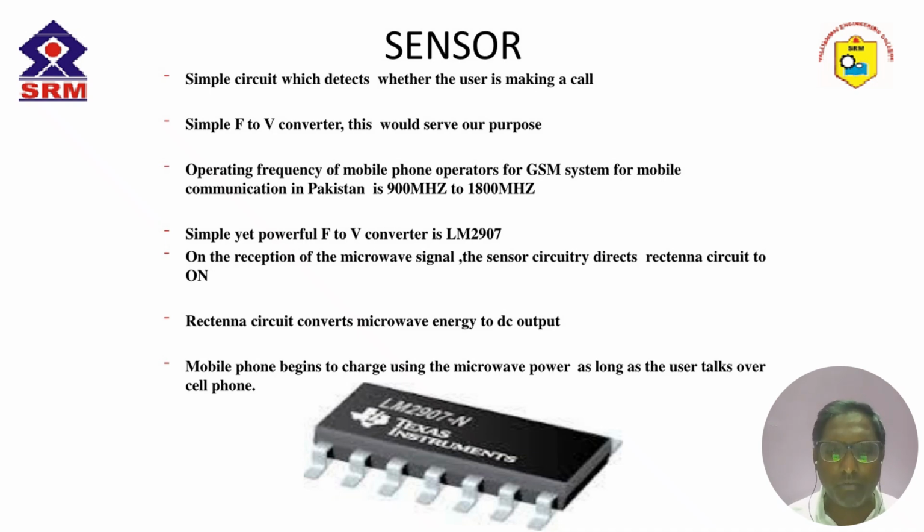The F2V converter uses the IC LM2907. On reception of the microwave signal, the sensor circuit turns the rectenna circuit on. The rectenna circuit converts the microwave energy to DC output. The mobile phone begins to charge using the microwave power as long as the user talks on the cell phone.